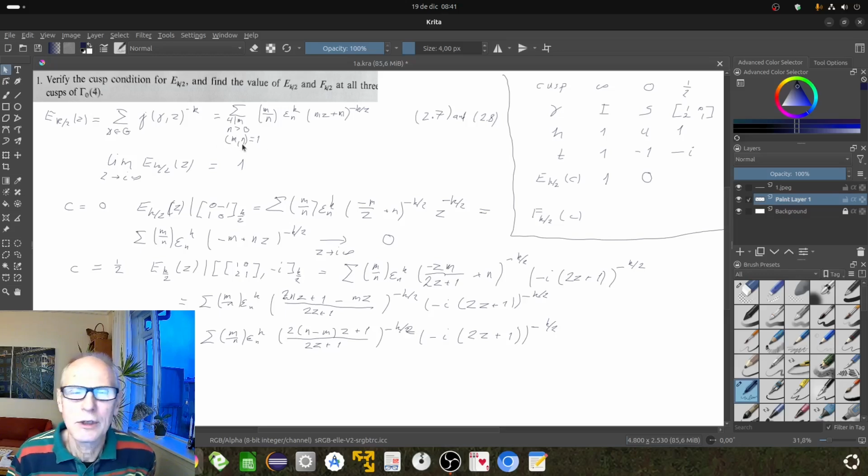That can't happen. If 4 divides m and they are equal, then 4 divides both. So that means that it will always tend to naught.